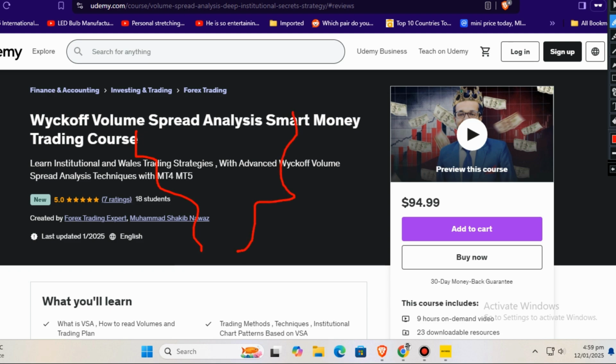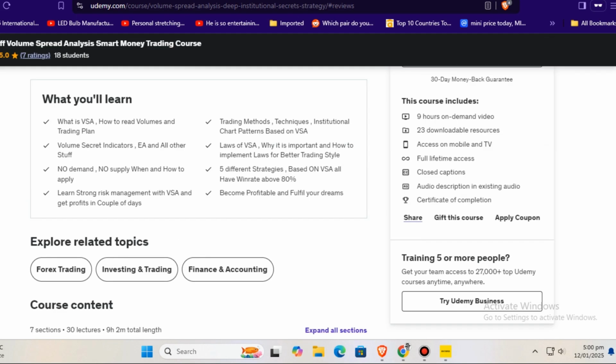Because smart money always buys in the down market, and smart money will always sell in the up market. There will be some specific volume signs available in those volume indicators, and when we see those signs, it means that there is institutional activity and whales activity, and market can move according to those specific signs. That's why this course is recommended.